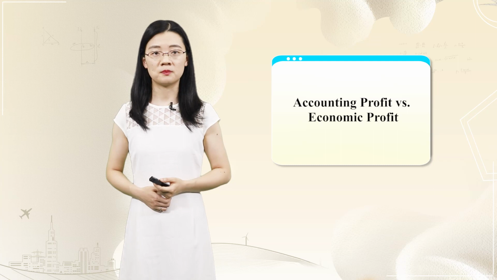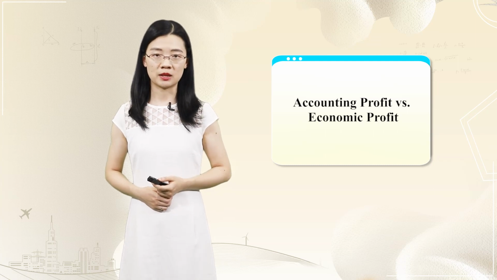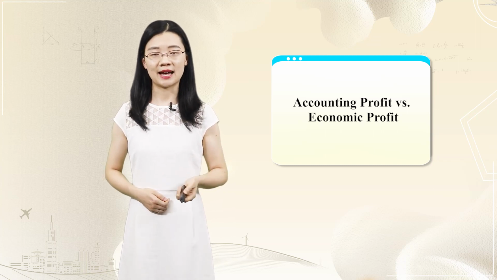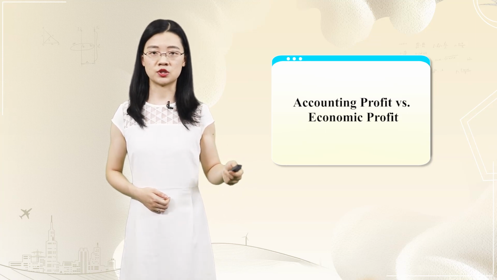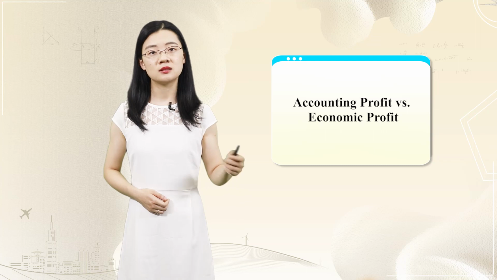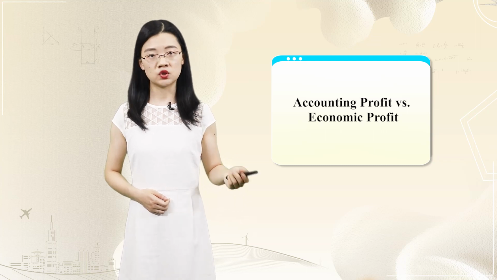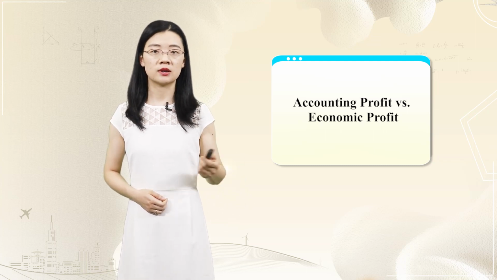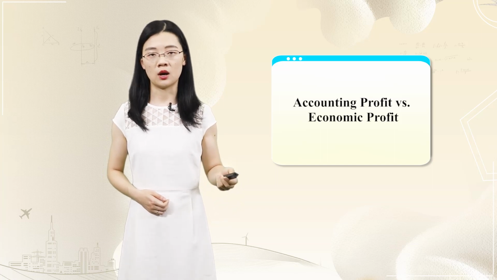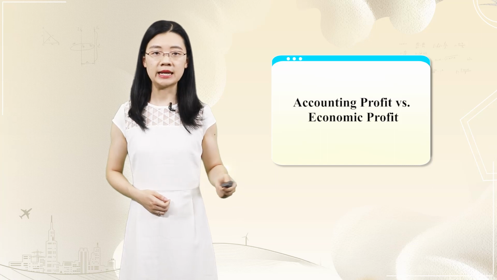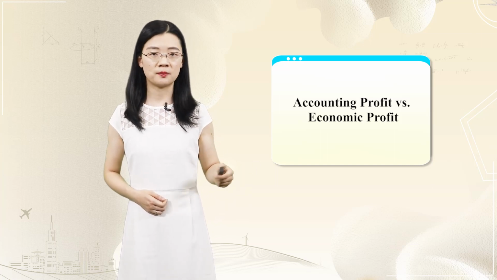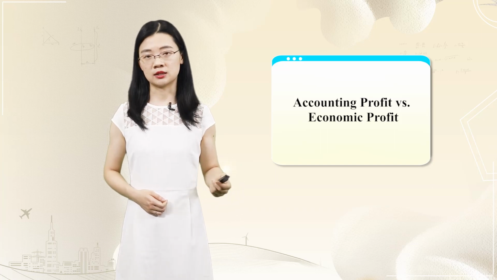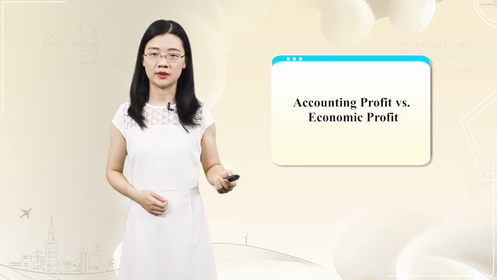If a producer obtains a positive economic profit, this means that the total revenue of the producer exceeds the opportunity cost, and the revenue obtained by the producer using its economic resources exceeds the potential maximum revenue of other uses, indicating that the producer does not have any other better ways to use these economic resources.